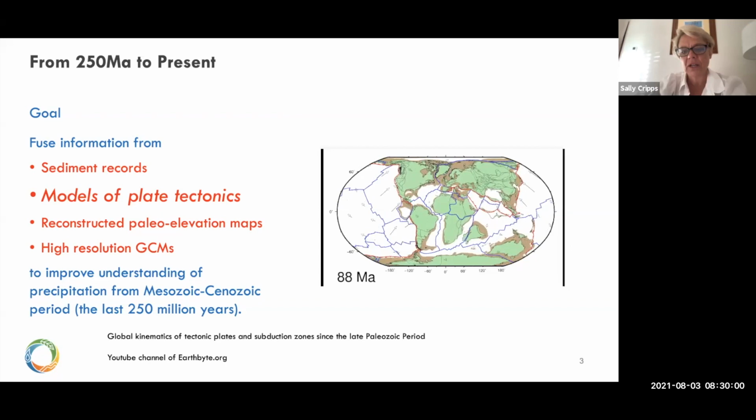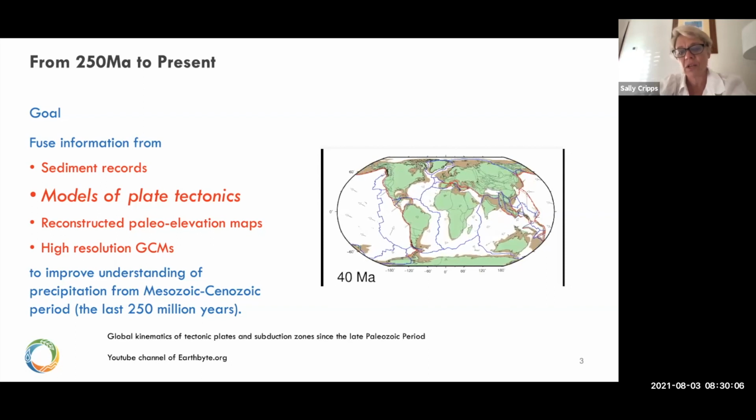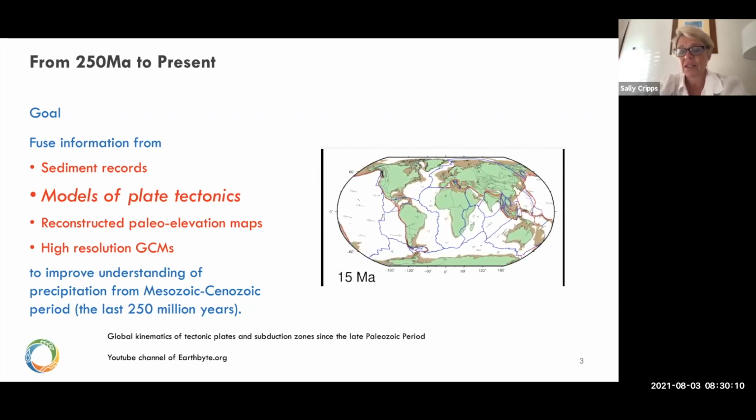And to understand what existed at any particular latitude and longitude over the last 250 million years, we have relied on information from models for plate tectonics, which gives us their locations.